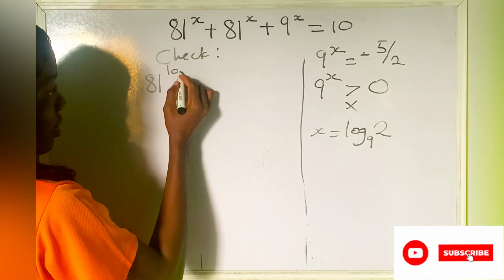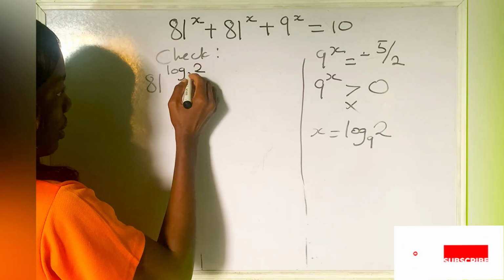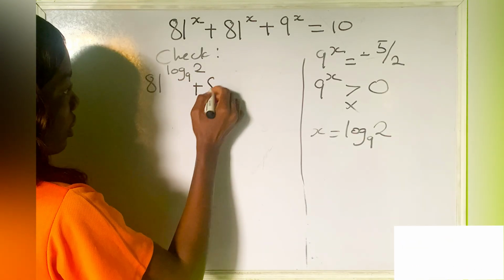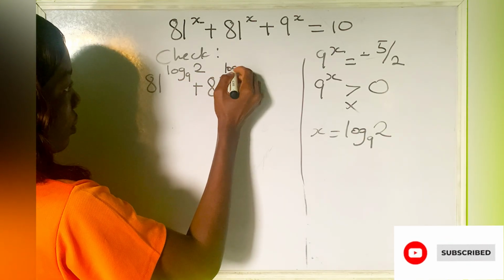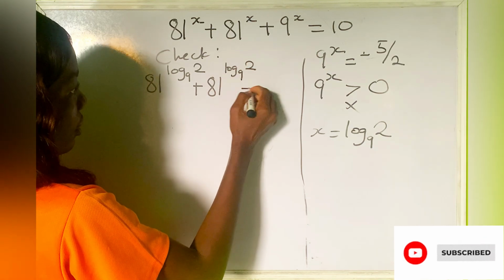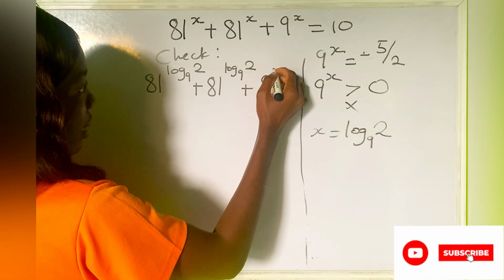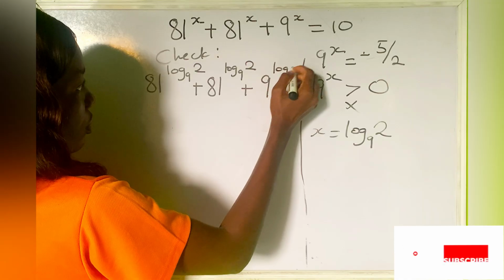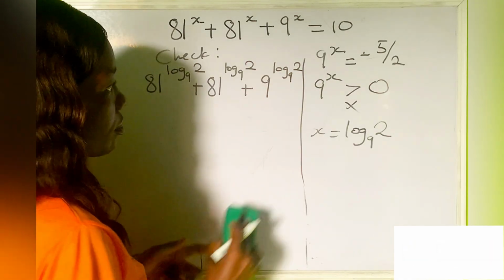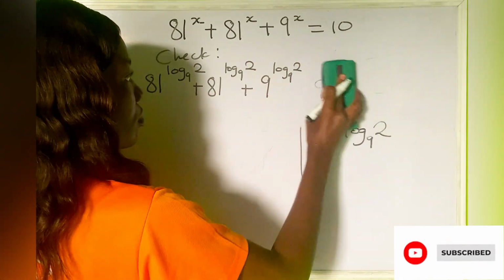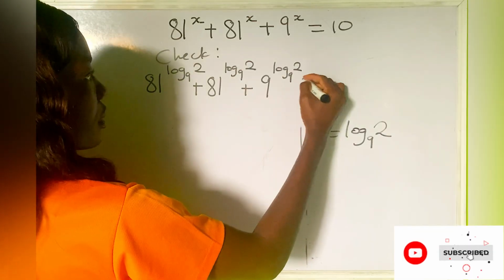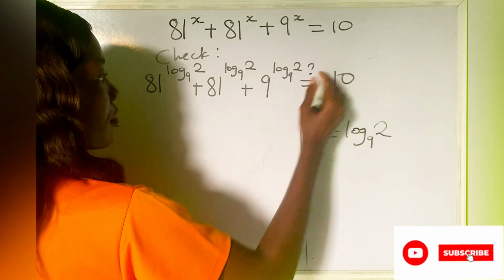Now we're replacing this x: 81 to the power of log 2 base 9, plus 81 to the power of log 2 base 9, plus 9 to the power of log 2 base 9, is it equal to 10?